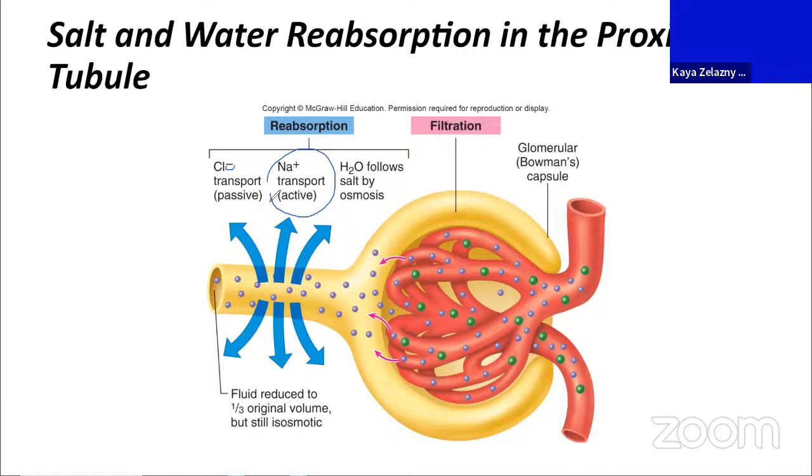Now we've basically got a lot of salt neighboring the peritubular capillaries and the proximal tubule. So water is now going to follow those salts by osmosis because water likes to go where there isn't enough of itself. It's going from its higher amount of water here in the filtrate to this relatively lower amount of water where we've built up these chloride and sodium ions neighboring the proximal tubule.